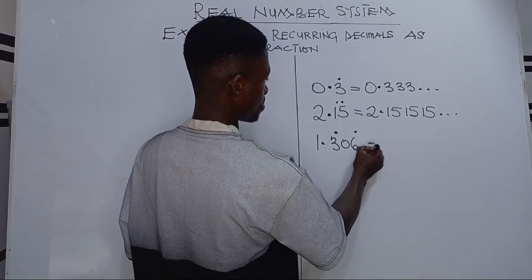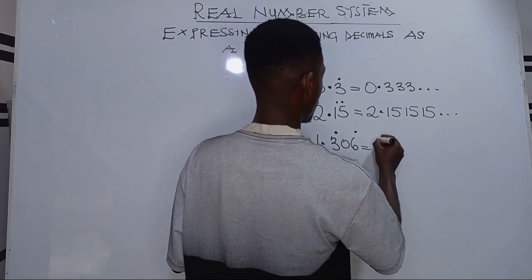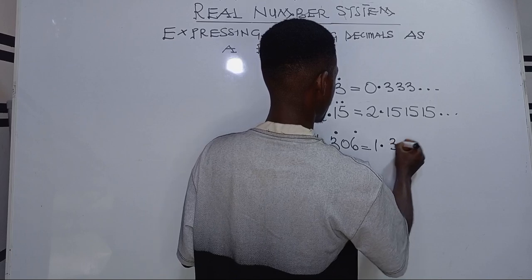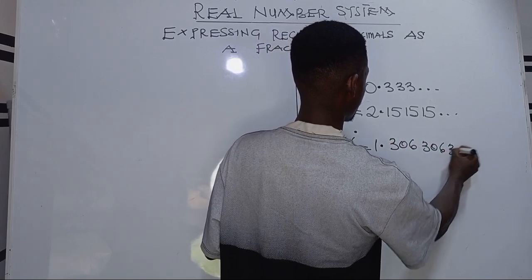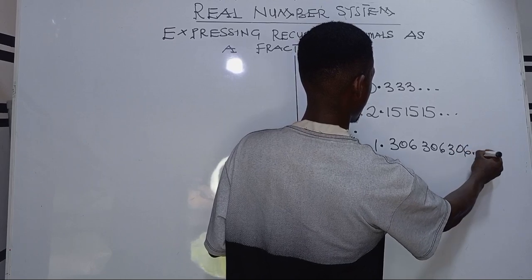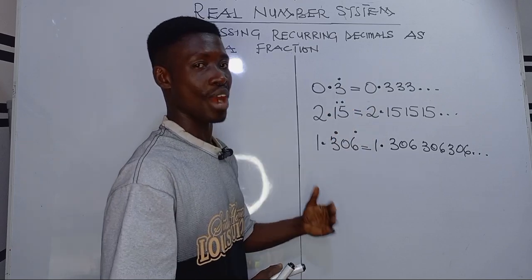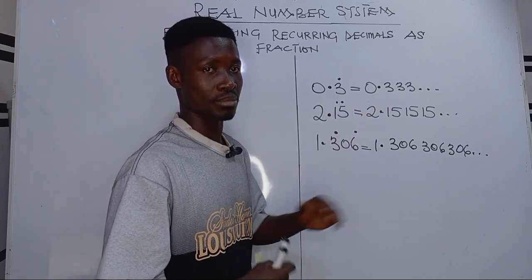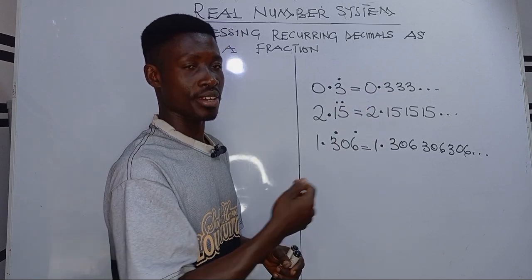Infinity. Similarly, we can write this as 1.306 up to where? Infinity. So we said that all these numbers are recurring or repeating decimals. We learned how to express this as a common fraction.